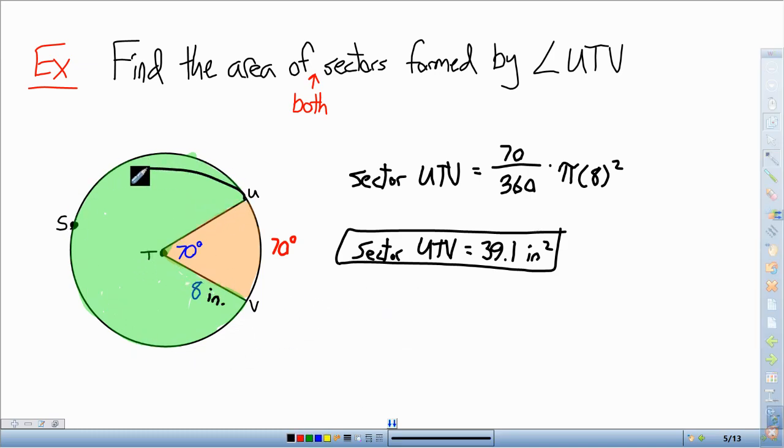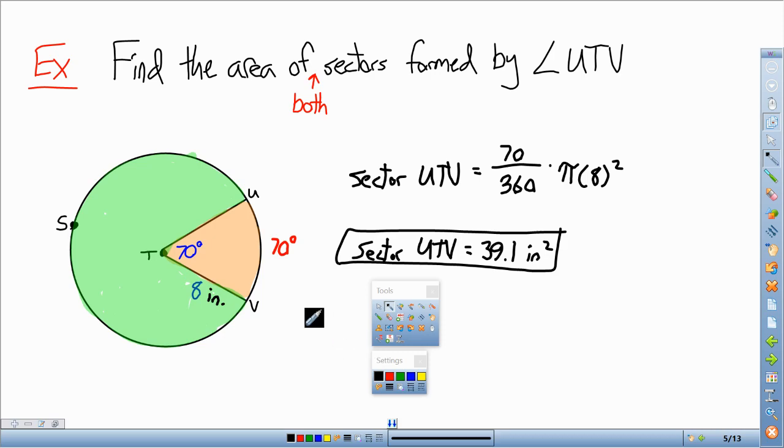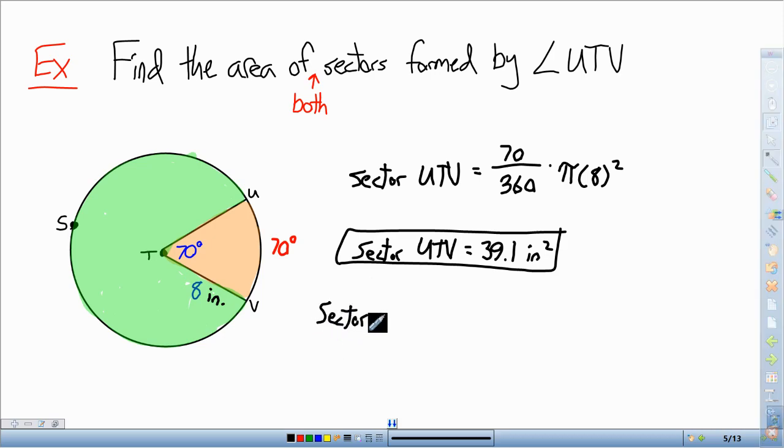I'm going to name this green sector, sector U. How many letters do we want in there? I guess we need to use the 4 letters, USVT, just going around it. All right, so sector USVT. Just make sure you're going around the sector as you name it. Okay, so the measure of this arc though, what is it?